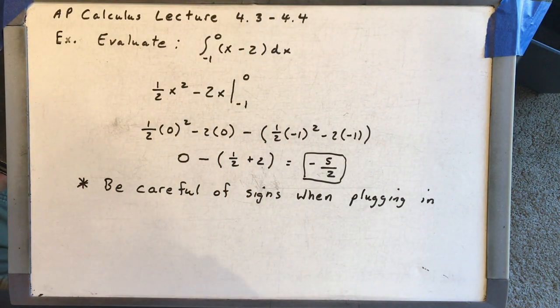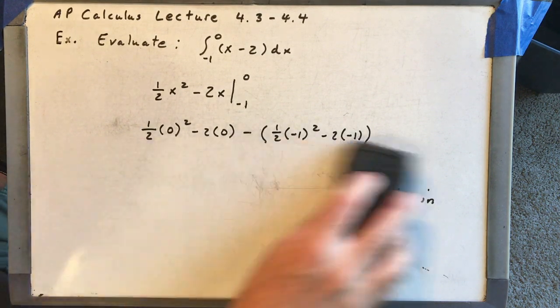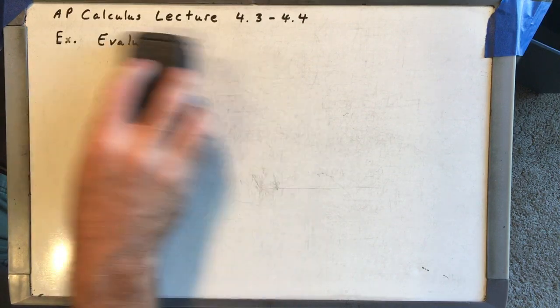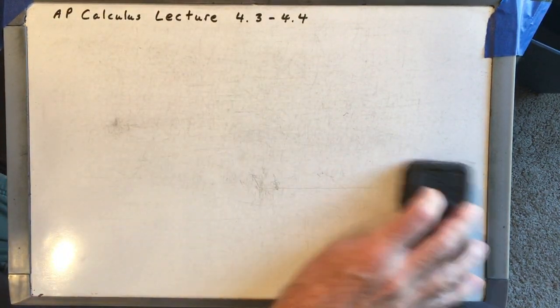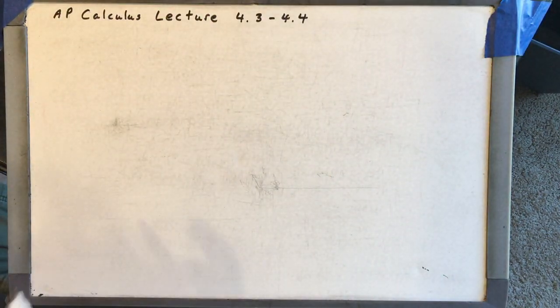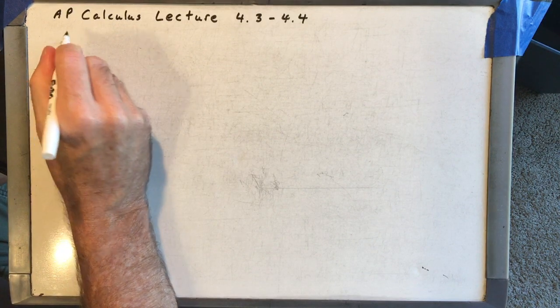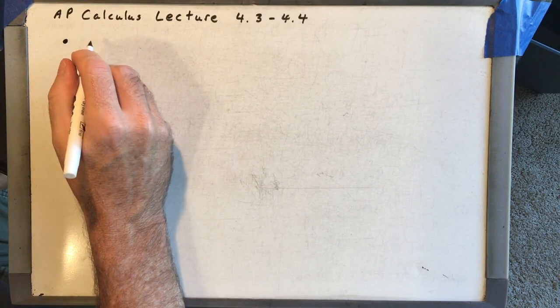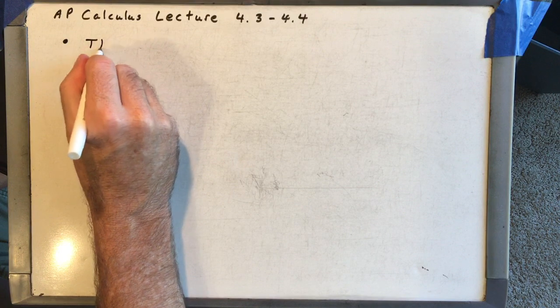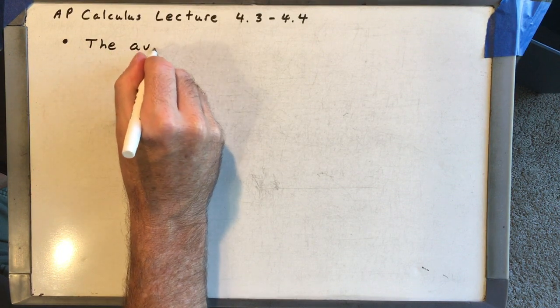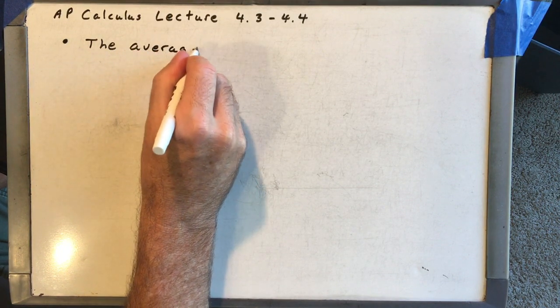Okay, let me erase. I want to give you one more formula and the homework that goes with this section. You will need to use this formula for number 62. So the average value, it's going to ask you the average value. And this is guaranteed to be on the AP test.